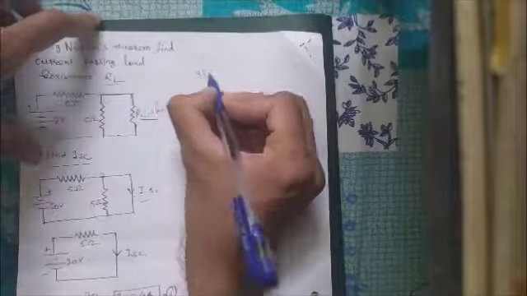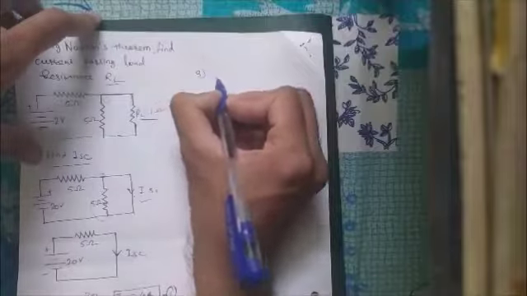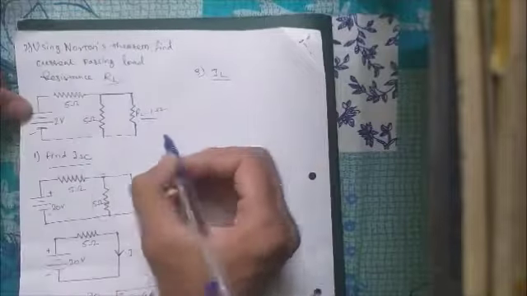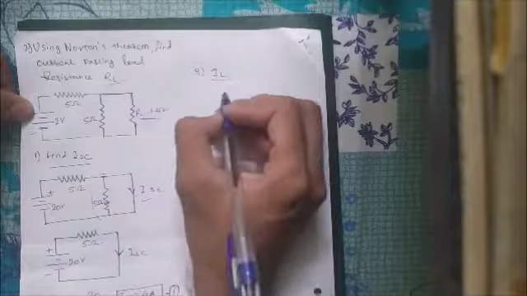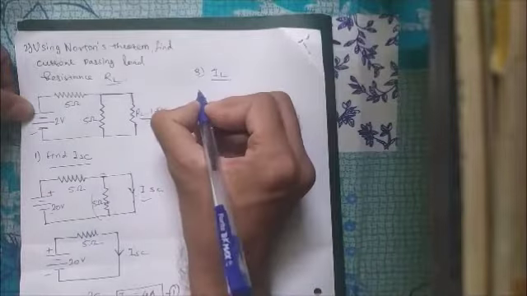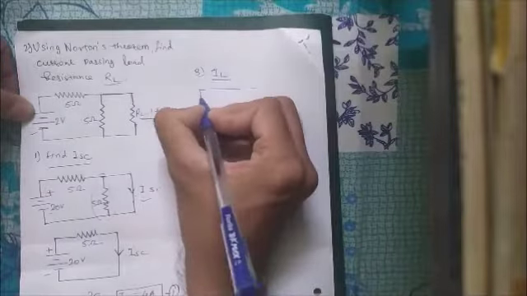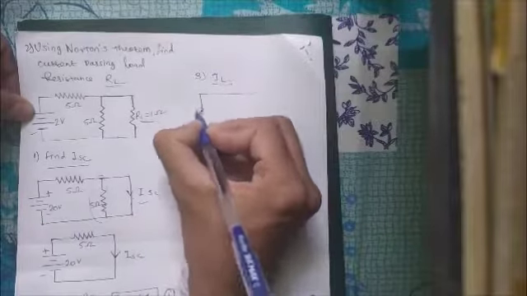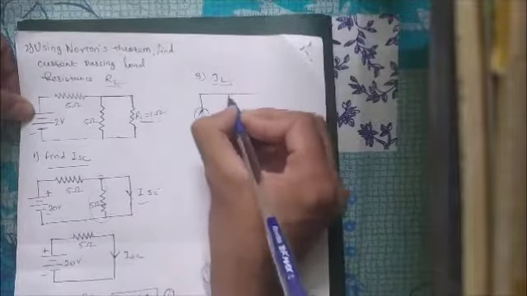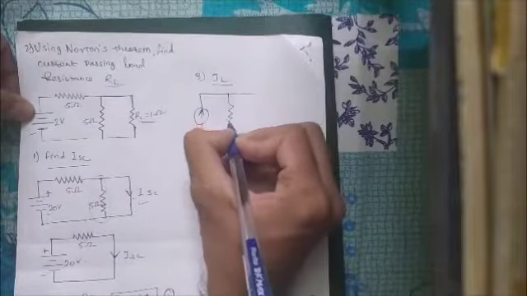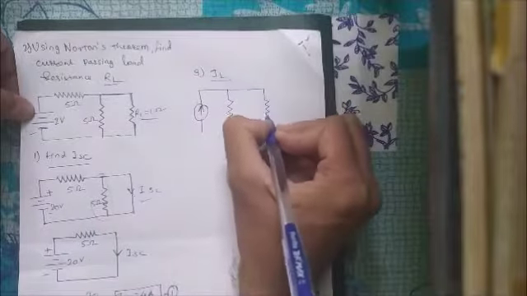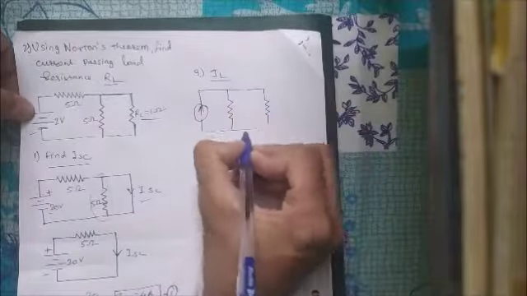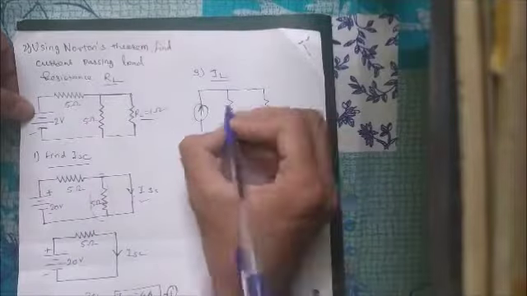In the third step we are going to calculate IL, that is the load current flowing through this 1 ohm resistance, and hence your Norton circuit will be rearranged in this format. This is your current source, that is the short circuit current. This is your Thevenin's resistance, and this is the load resistance through which we are going to calculate the value of current.